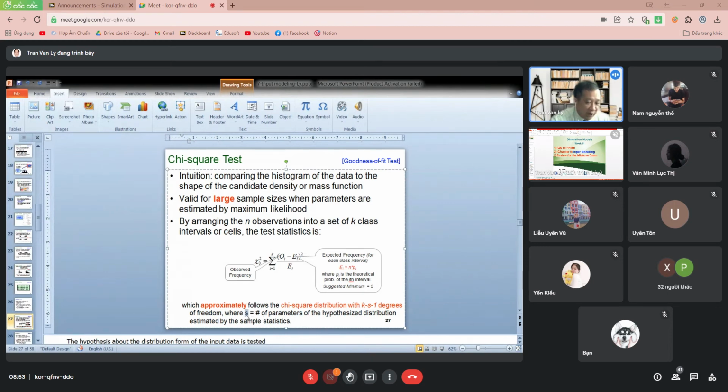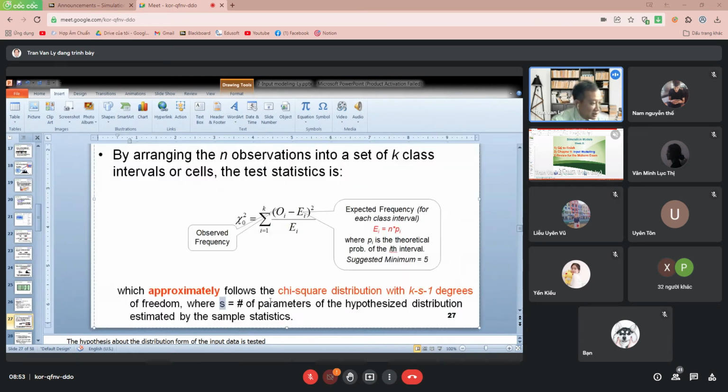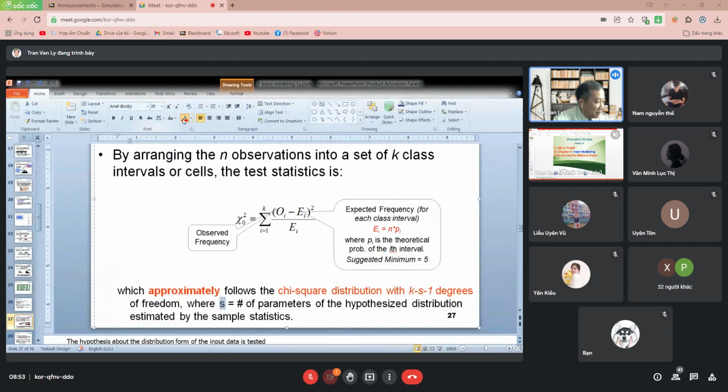So in the triangular distribution, what is the value of x? You see in the slide here, what is the value of x? In case of triangular distribution. I think this is 3.